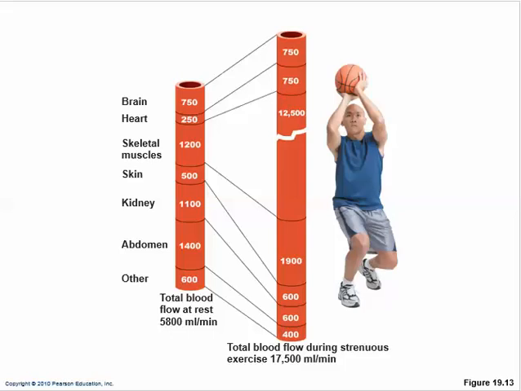Your skin gets way more because it helps you radiate heat. Kidneys get way less. That's why when you're exercising, you don't have to pee as often. Your abdomen gets way less, and so does everything else. So we redistribute blood to the tissues that we're using as we need it. Obviously when you're exercising, skeletal muscle becomes a real hog of oxygen and tissue perfusion.